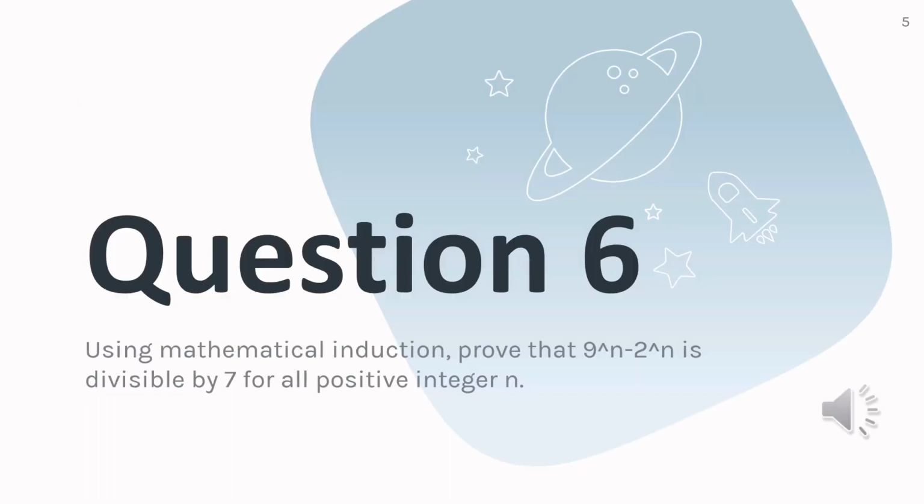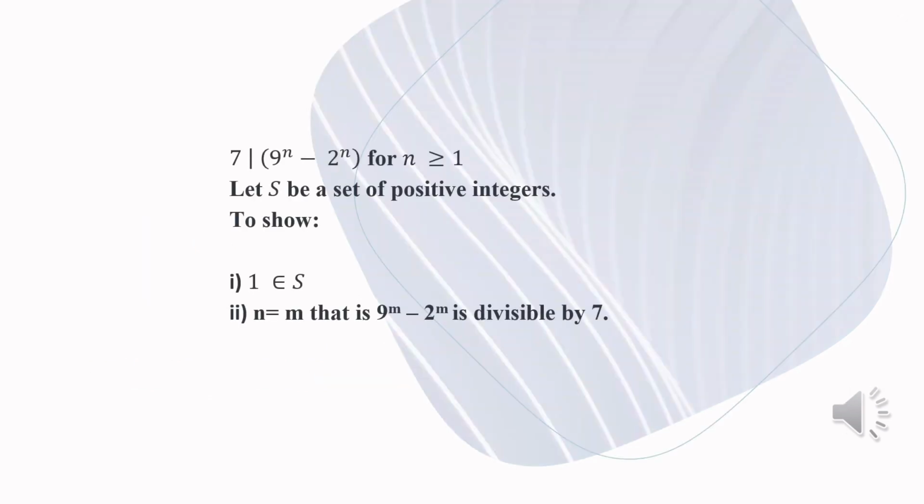6. Using mathematical induction, prove that 9 to the power of n minus 2 to the power of n is divisible by 7 for all integers n. Let S be a set of positive integers.